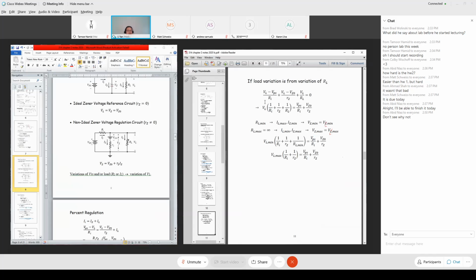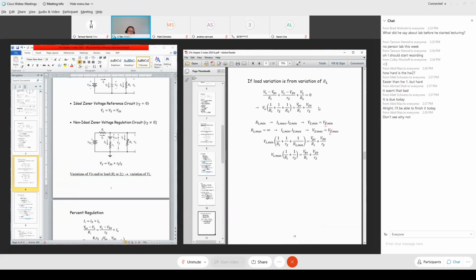This is a standard node voltage method. With the 306 material, you can derive this equation easily. Once I put the equation in this form, I put all the terms related to the load voltage on the left-hand side and the rest of the terms on the right-hand side.